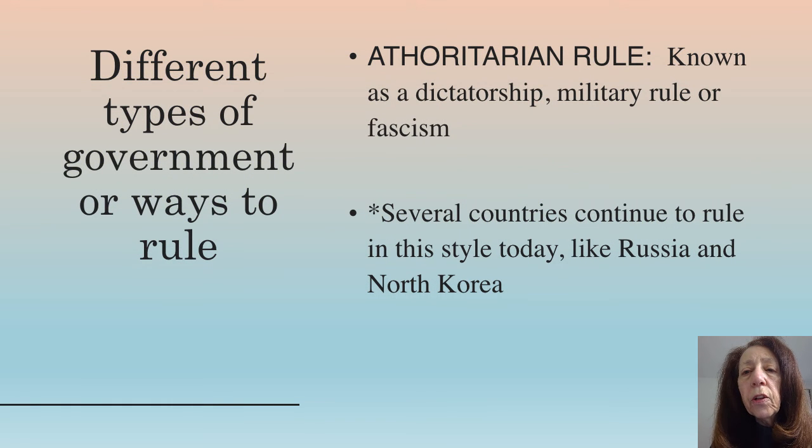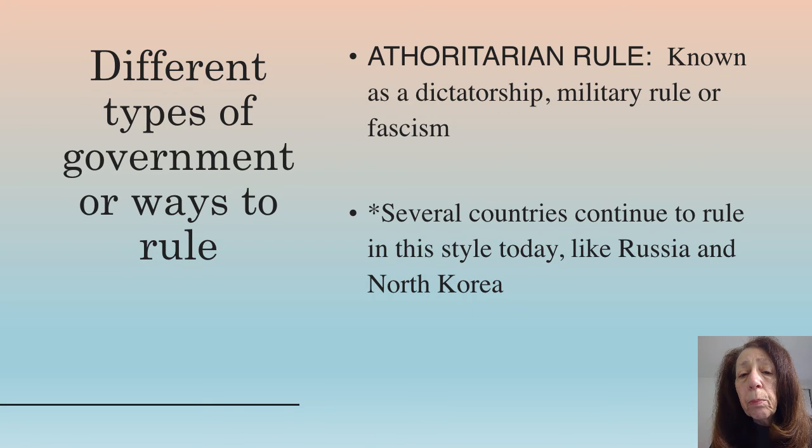The authoritarian style of ruling is still used today. It's definitely not a democracy, though. It's not of the people, it's not by the people, and it's not for the people. It's one person or small group that takes over a country.